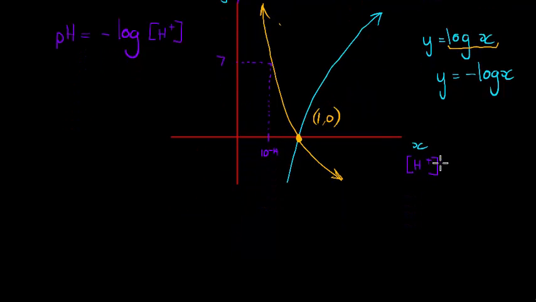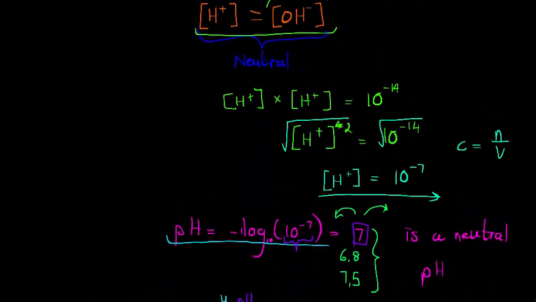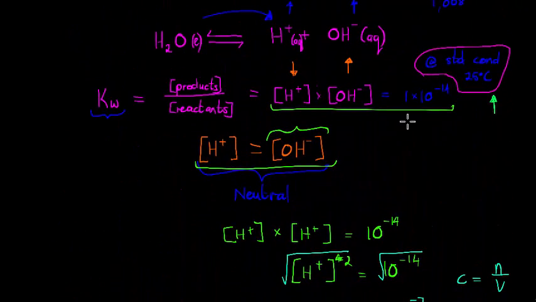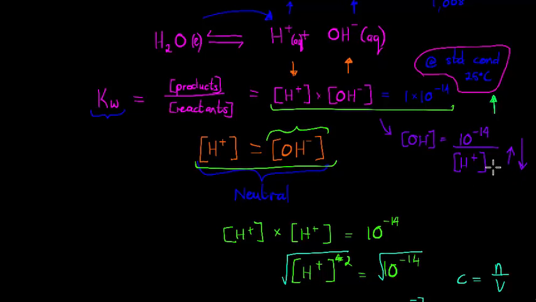Remember now that hydrogen itself is also linked to hydroxide. If this part is true, then hydroxide is equal to 10 to the power of negative 14 divided by the hydrogen concentration. So if hydrogen increases, it is the denominator of a fraction, which decreases the fraction itself.